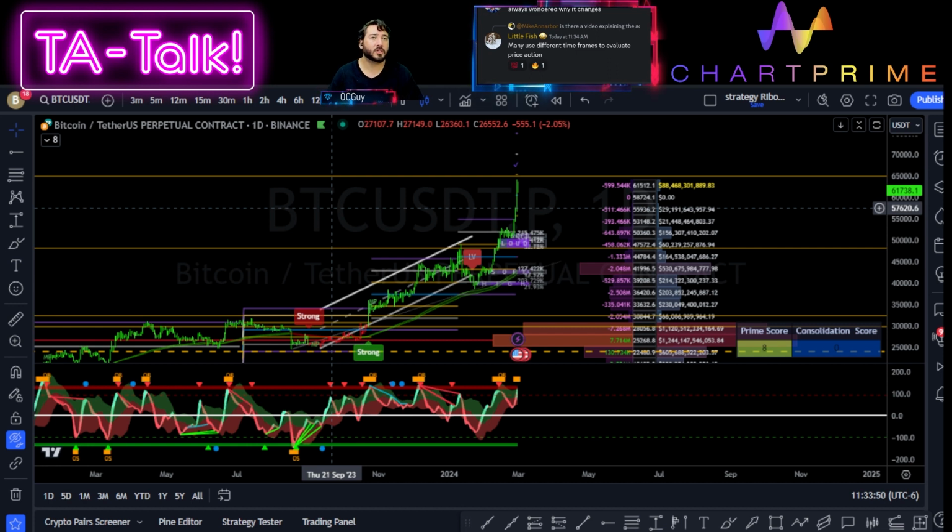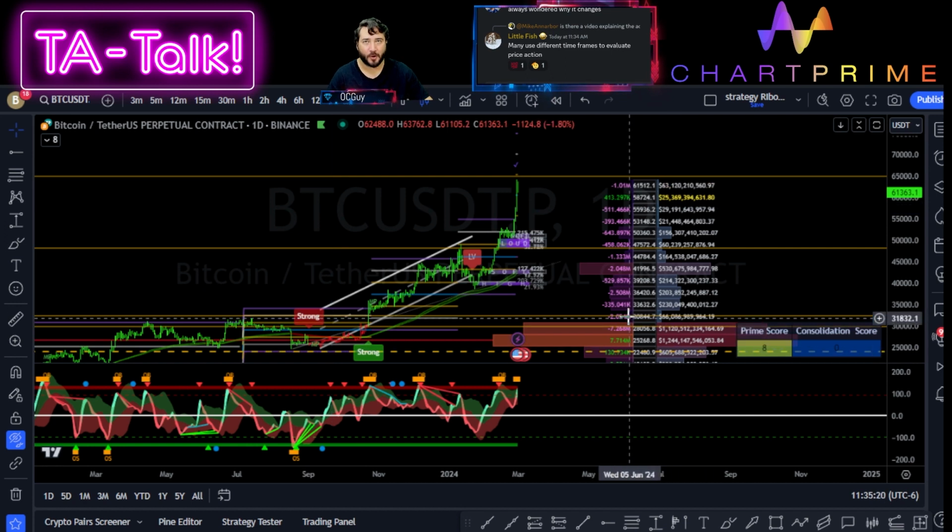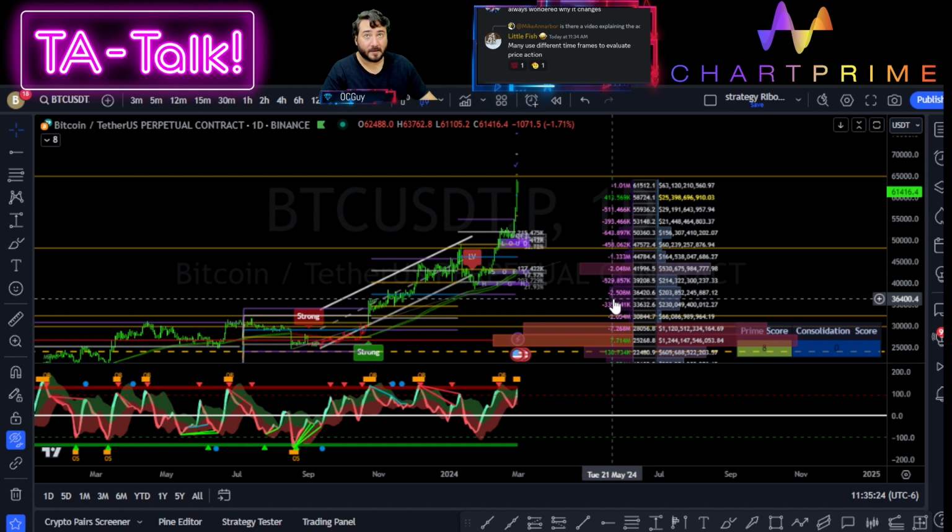Always wonder what it changes. And guys, I always explain this, so pay attention. Many use different time frames to evaluate price action. Absolutely, fish. Yes, great answer there. So this is a volume profile based on volume.